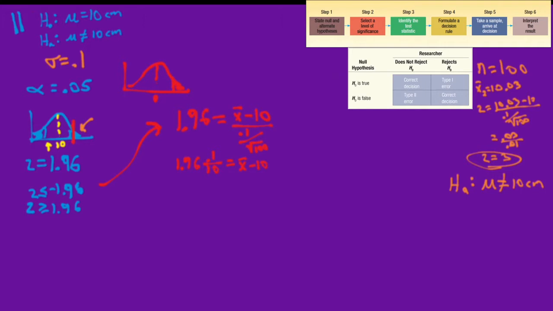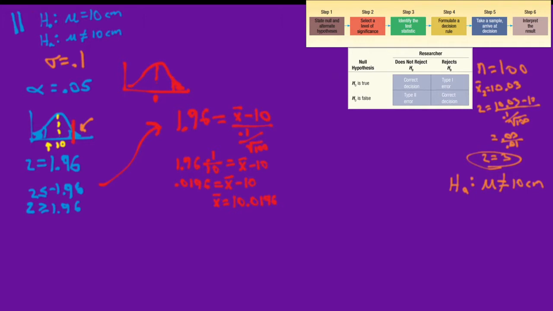That's going to be 0.0196 equals x bar minus 10. And so if we rearrange this, x bar is equal to 10.0196.